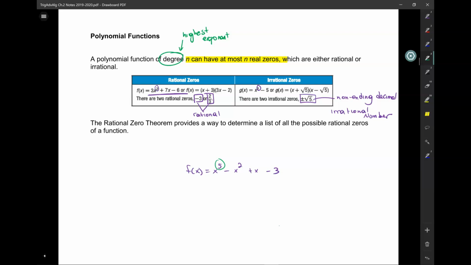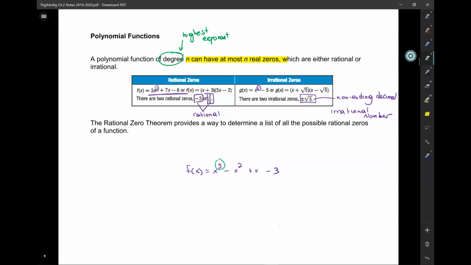I mean, there are infinite possibilities, right? That's one thing you can do. Or there is this theorem that gives us an A-list of values, so that if there were any rational zeros to this function, it would be from that list, okay?